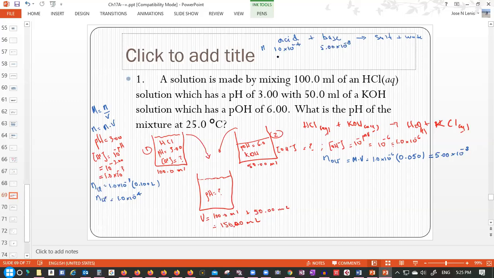Or you can use stoichiometry, conversion factors. If you feel comfortable using conversion factors, you want to know how many moles of acid you will have after neutralization. But here, just by looking at this, you will notice that at the end, you will have moles of acid in excess.